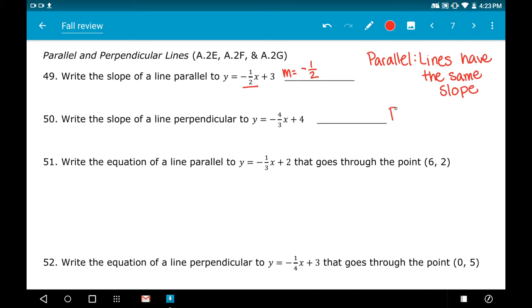Now perpendicular, lines have to be opposite reciprocals.